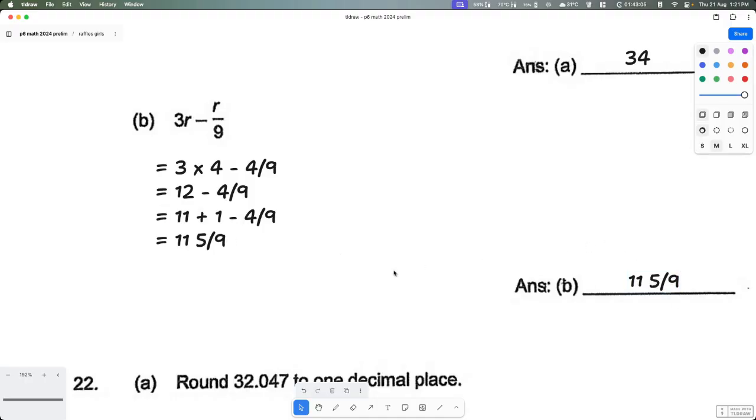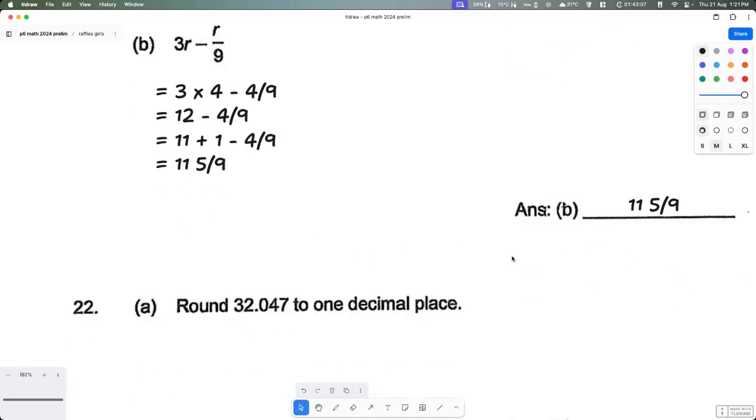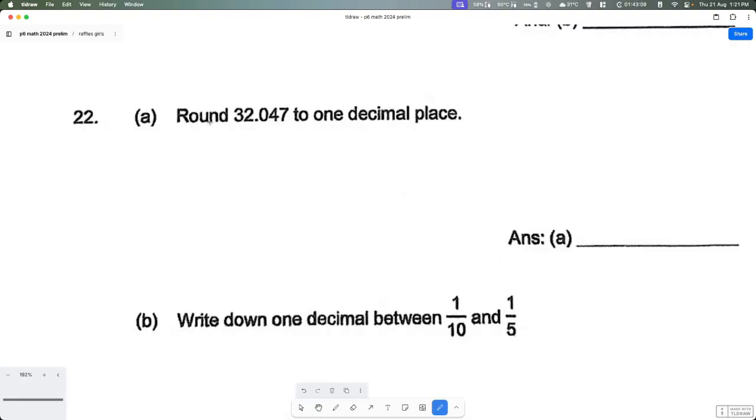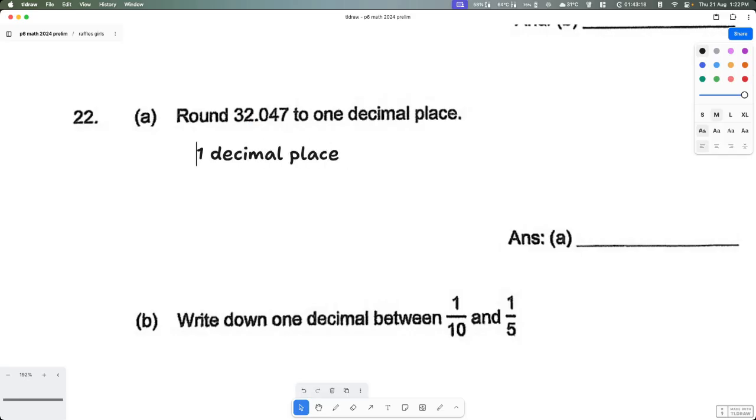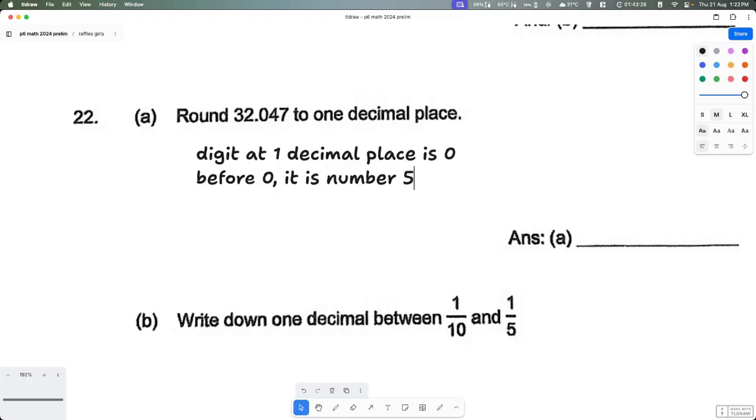Okay, nothing new. Let's move on to the next question, 20A. So 32.047 to 1 decimal place. The digit at 1 decimal place is 0. The digit after it is 4, but 4 is less than 5.